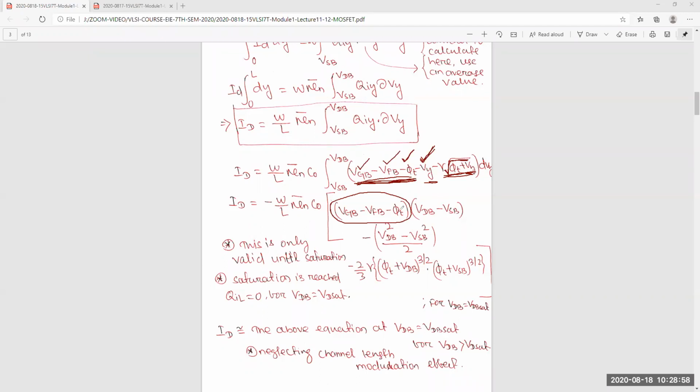Though it's a constant, you get this times V_y, that is V_DB minus V_SB.